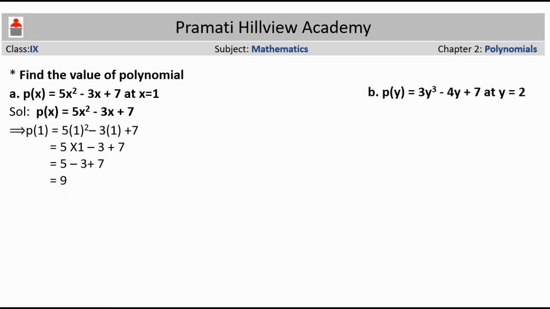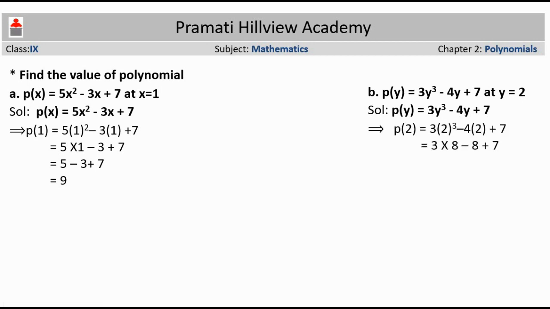Let's consider another example. P of y equals 3y cube minus 4y plus 7 at y equals 2. Solution. P of y equals 3y cube minus 4y plus 7. When y equals 2, p of 2 will be equal to 3 into 2 whole cube minus 4 into 2 plus 7.